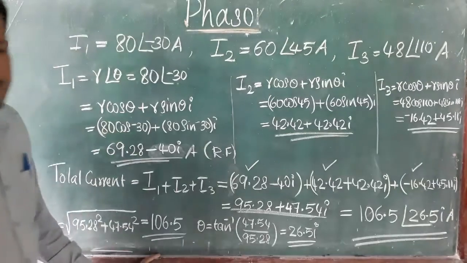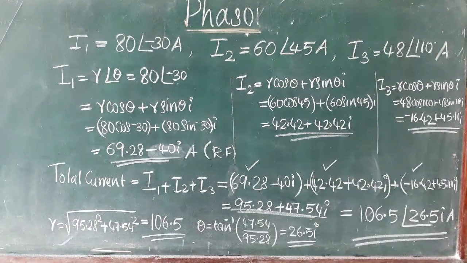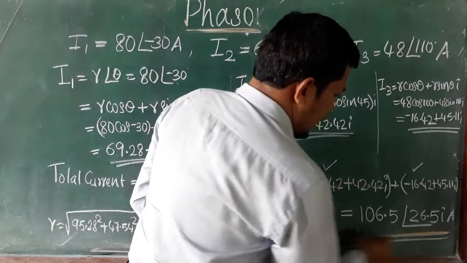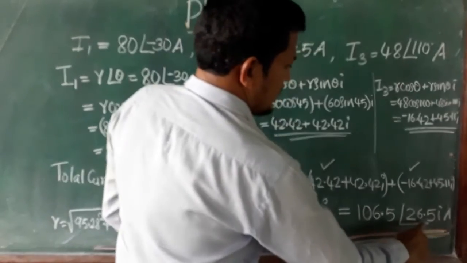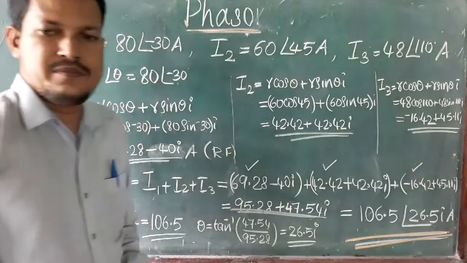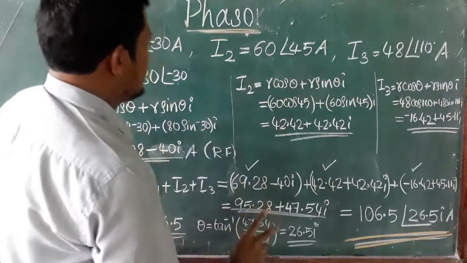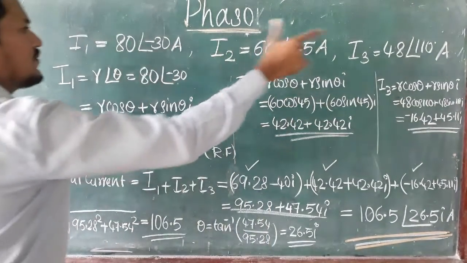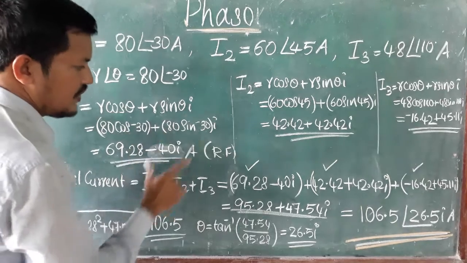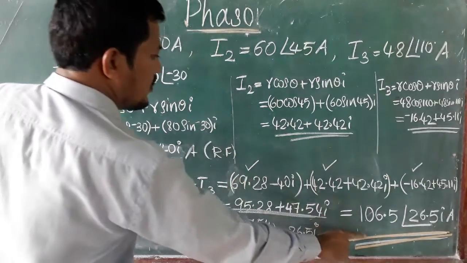Clear? So this answer, 106.5 at an angle 26.51 ampere. While looking only, don't tell the answer. These are in complex format. While complex only we did the calculation, then we got the answer.